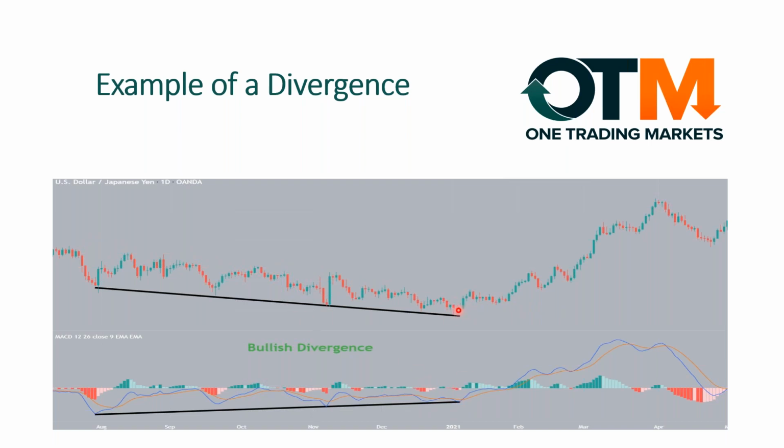So this is where the divergence has ended. Before the crossover happened here, the histogram gave us signals as soon as the divergence ended, and we bought here. So first confirmation is the divergence. Second confirmation is the histogram.